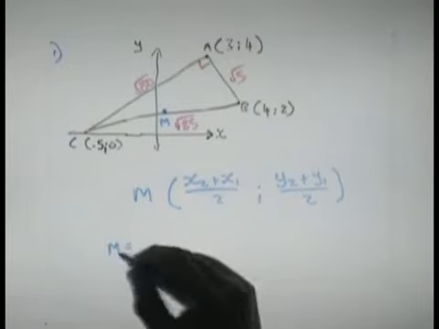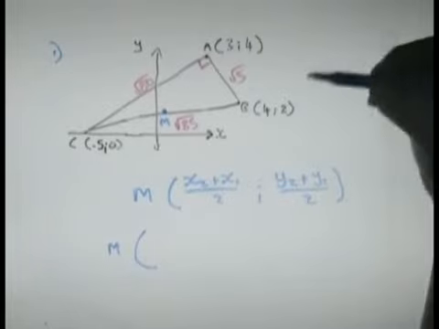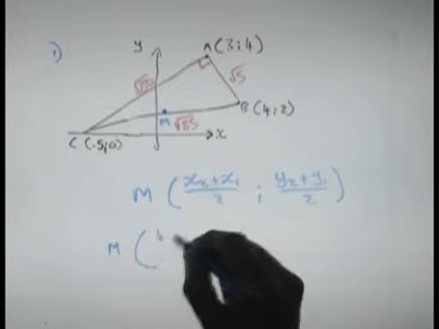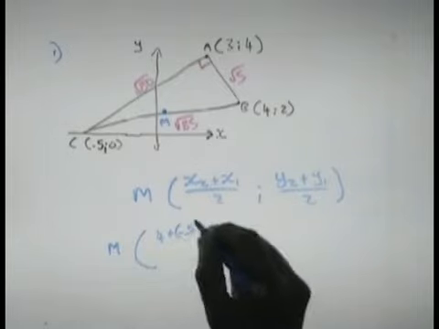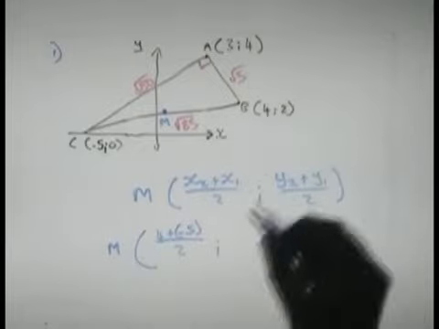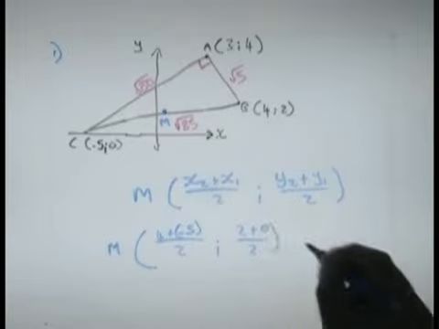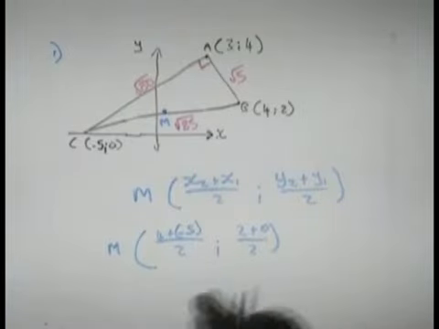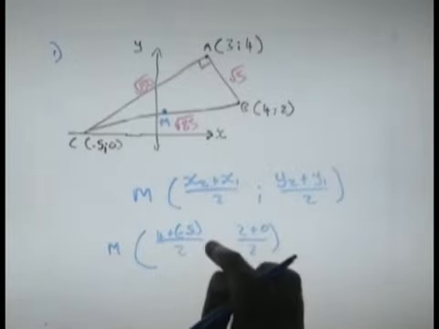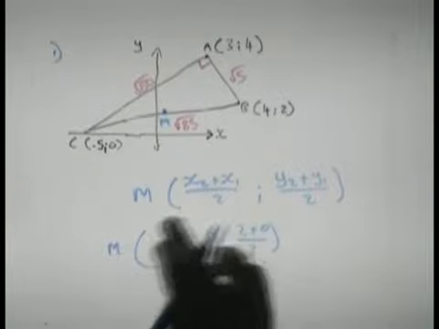That means that the coordinates of M are going to be given by 4 plus minus 5 over 2, and the y value is going to be 2 plus 0 over 2. 4 plus minus 5 is equal to negative 1, so negative 1 over 2.